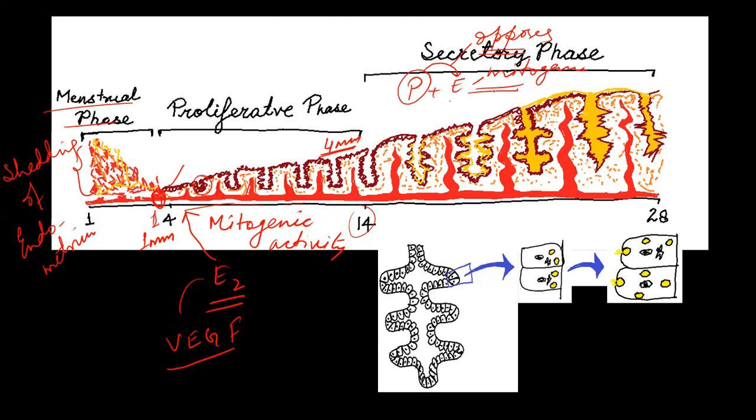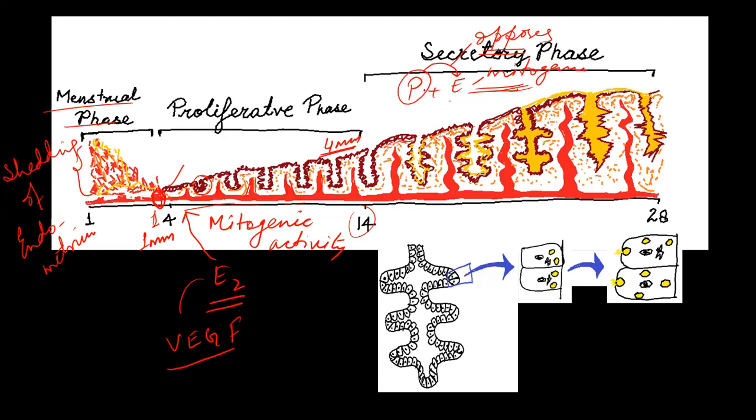But this mitosis continues for a few days in the superficial part. So superficial stromal cells still continue dividing, as in this component of the endometrium there is no mitogenic activity of the progesterone, we can say.